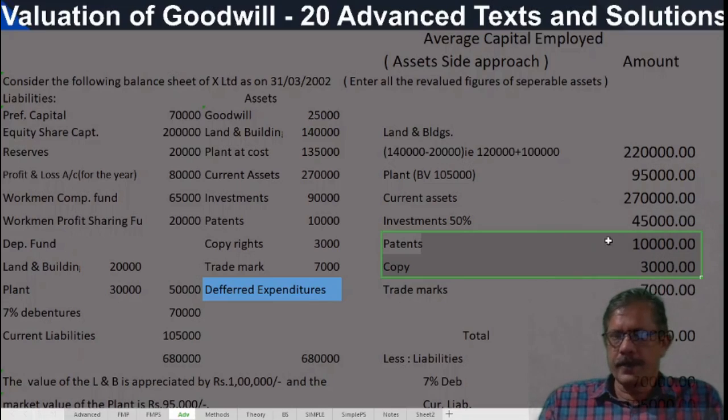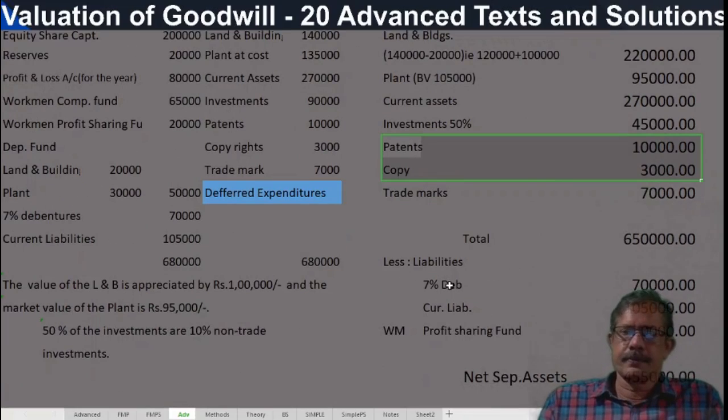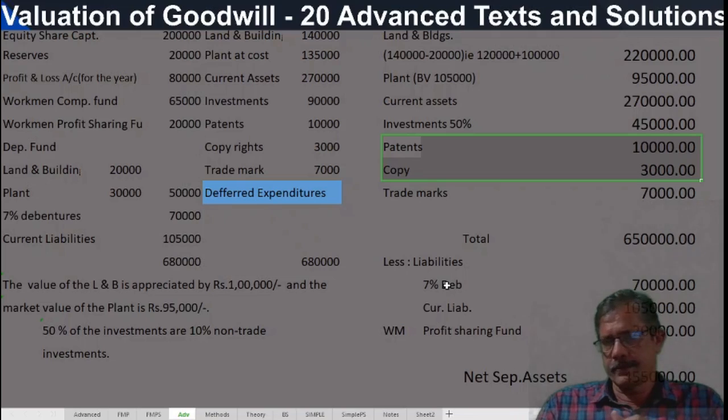So from assets taken over, deduct liabilities to third parties. We already studied that valuation of goodwill is an affair between the business and the owners. From those, deduct liabilities assumed.